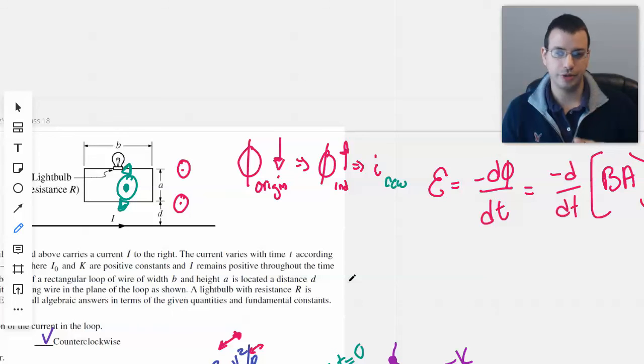That induced current is going to create a magnetic field that reinforces the weakening magnetic field. And so to create that magnetic field to mitigate the loss, the current is going to have to go counterclockwise. And that counterclockwise current will then reinforce the dying magnetic field from the wire.